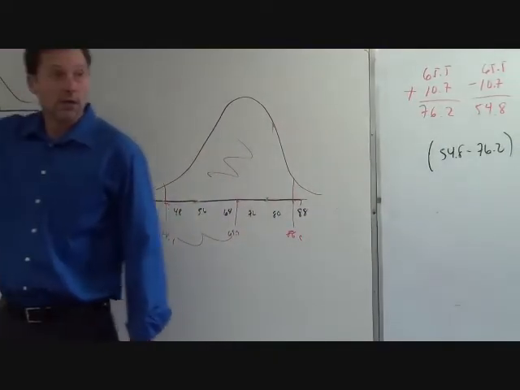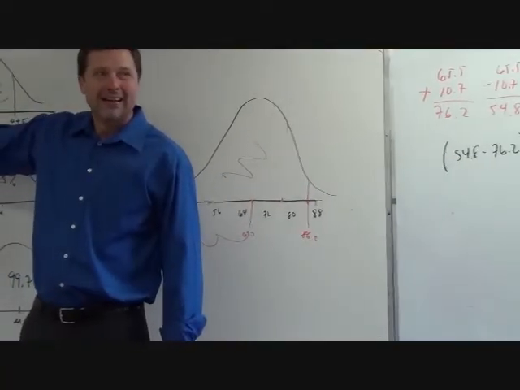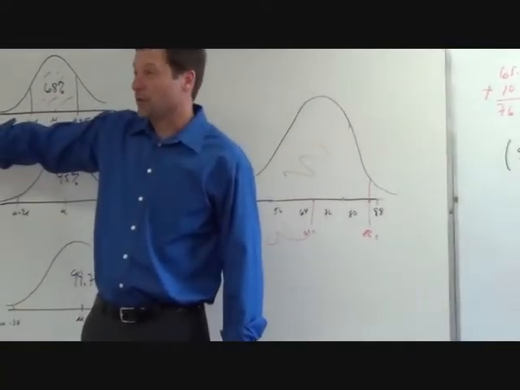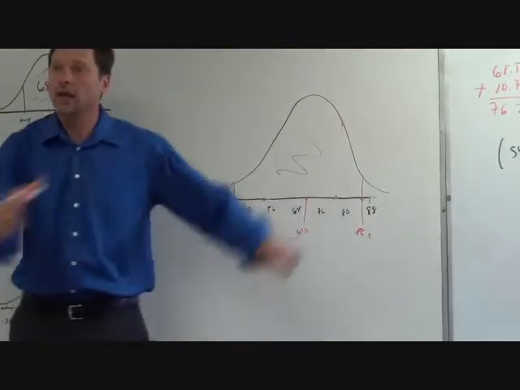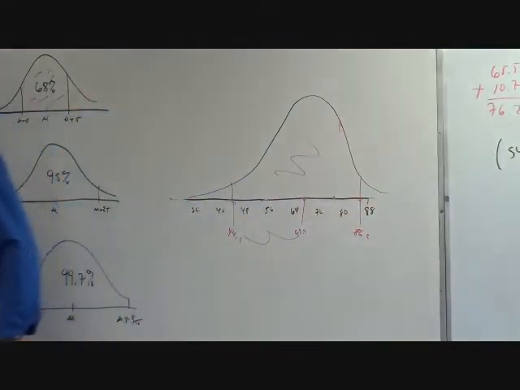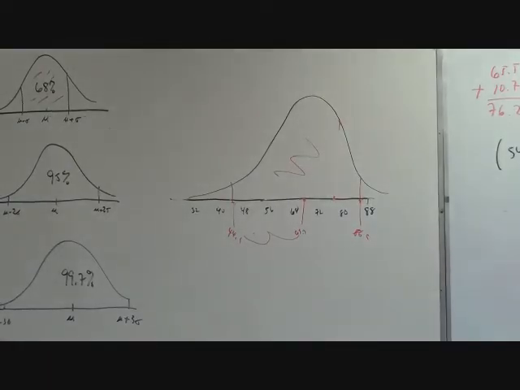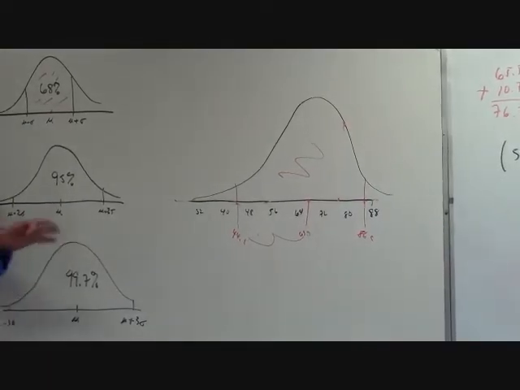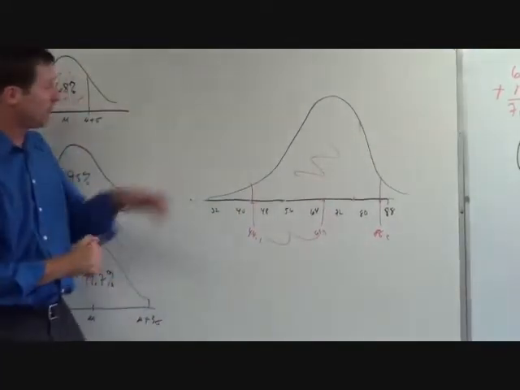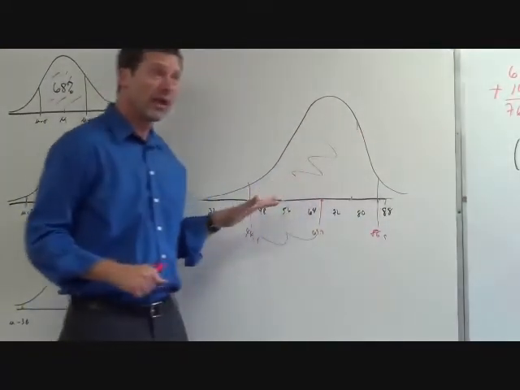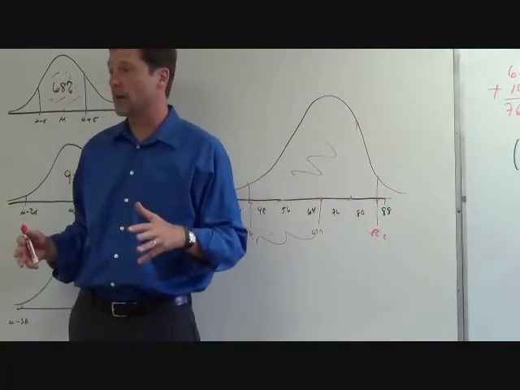Did you get a number yet on this? Yeah, it's 96.9%. About 97% of them, right? 97% of this data is within 2 standard deviations of the mean. So here, not so bad. It's never going to be perfect, but if you're within a percent or 2, that's not too bad. So as we got a little bit further out, it got closer to where it was supposed to be.